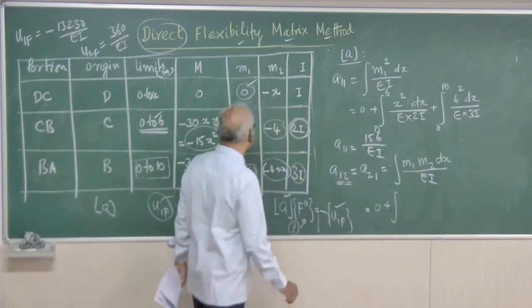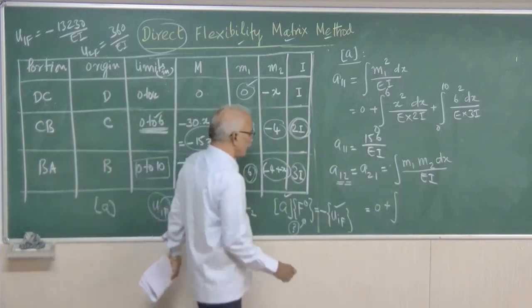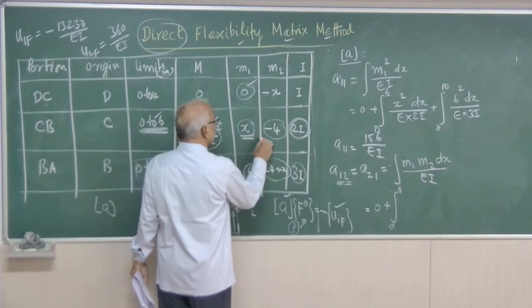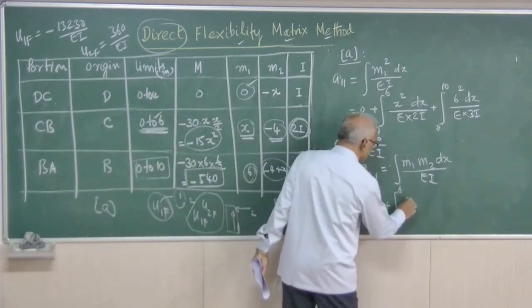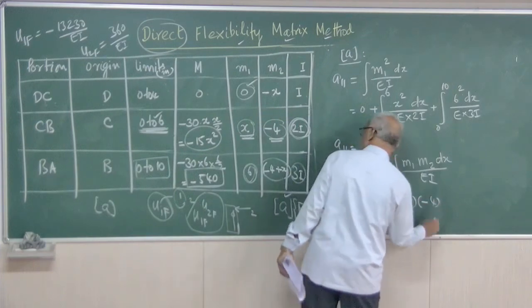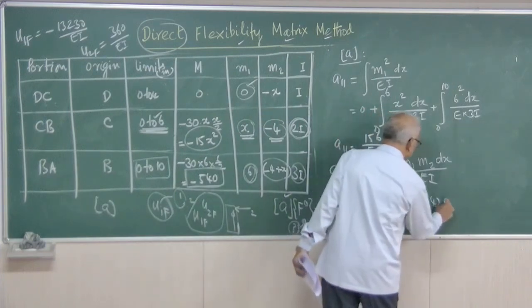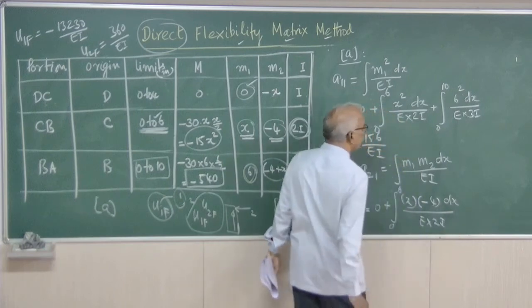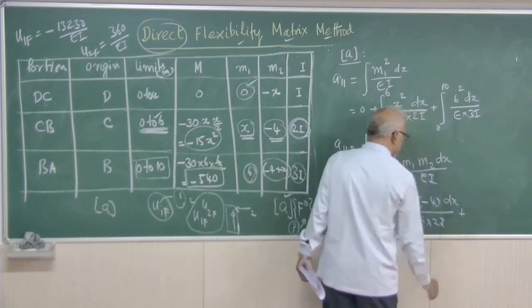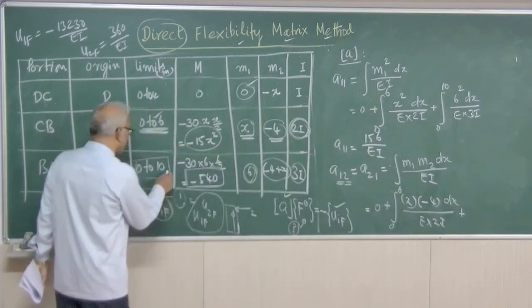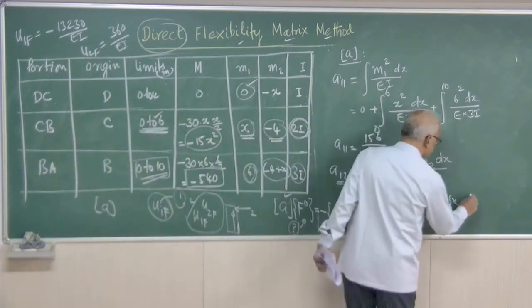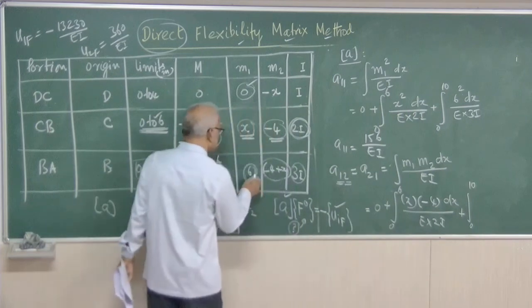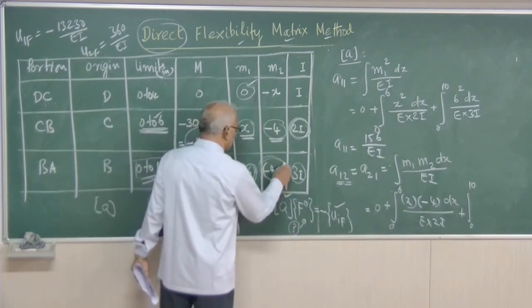For the second term, limits 0 to 6, M1 is x, M2 is minus 4, into dx by E into 2I, plus for the third portion 0 to 10, M1 is 6, M2 is x minus 4.